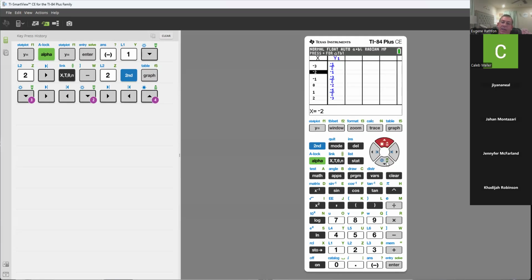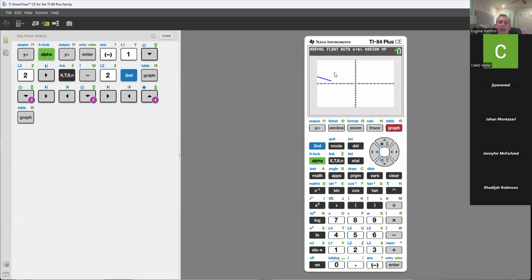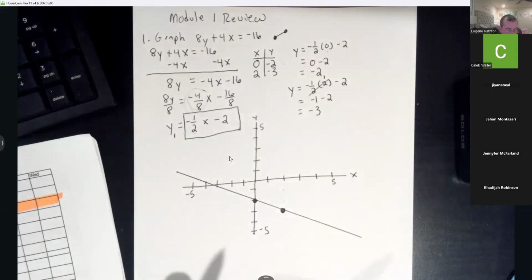Any of them points that you think is easy to graph, grab 2 of them and then go graph it. All right, so let's hit graph to see the graph. And y'all, if you notice, it looks the same as we drew on our paper. All right, so number 1, graph a straight line. So let's see what number 2's got for us.